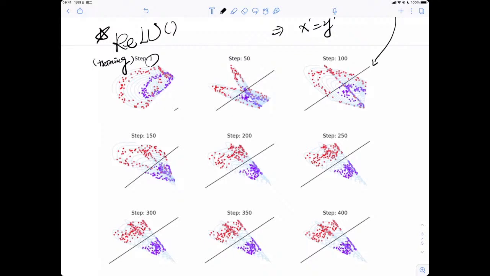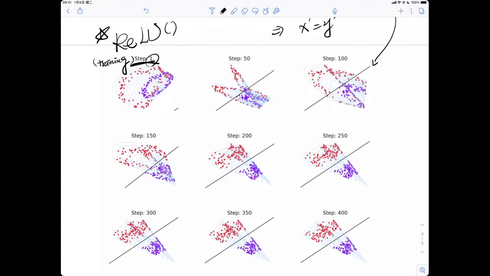But visually, it means how many times we can squeeze, rotate, or change our latent space. For the first time, if we use our training data, we have a new weight, and we use this new weight to map the original data to a new Y.